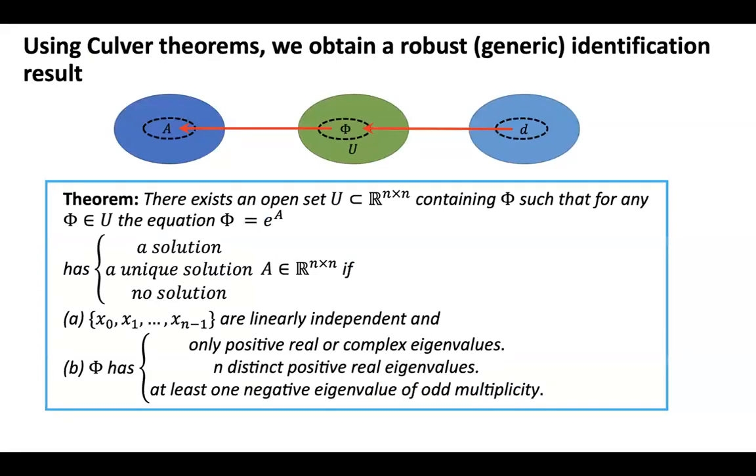Okay, so yeah, the theorem, we can write down a theorem like this based on the matrix log, basically mapping the expressions or the conditions from the Culver theorems into conditions on the spectrum and structure of phi, corresponding to the different possible cases of solving this equation.